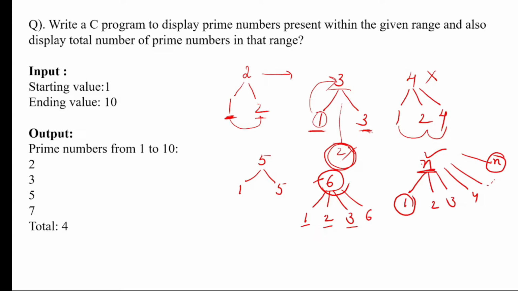See here what the logic is. Take a number and find the factors of that number. If the factors are only 2, then that number is prime. Otherwise, it is not a prime number. In this program, we are not checking whether a given number is prime or not. We are checking for prime numbers present within a range.